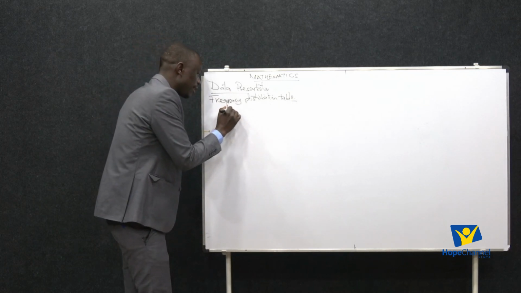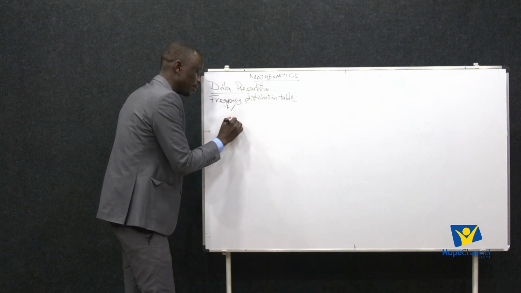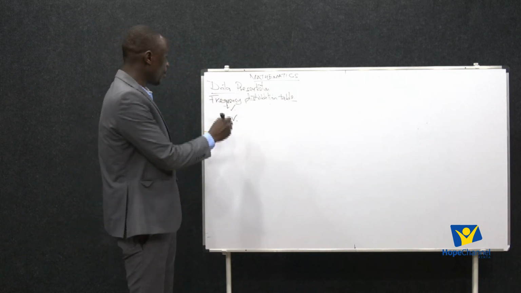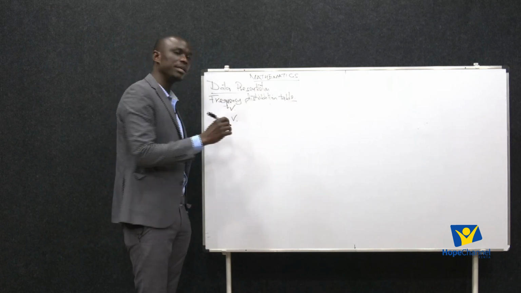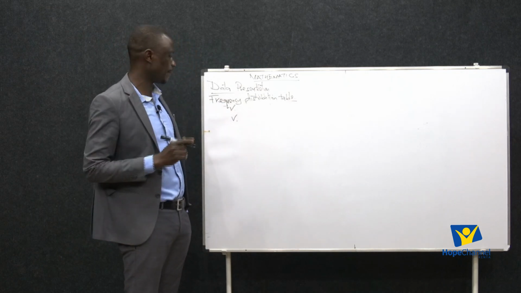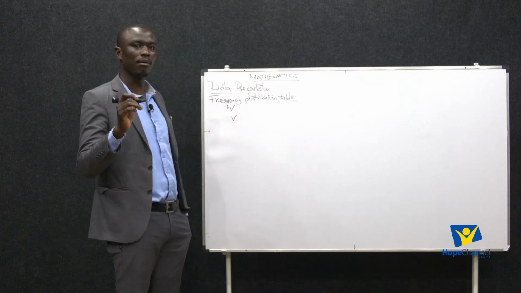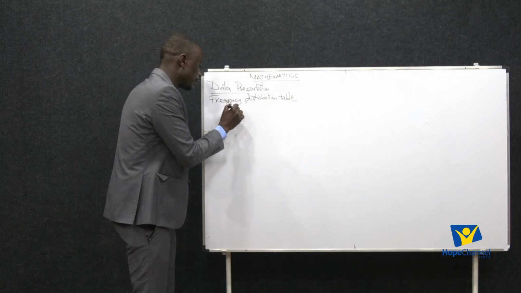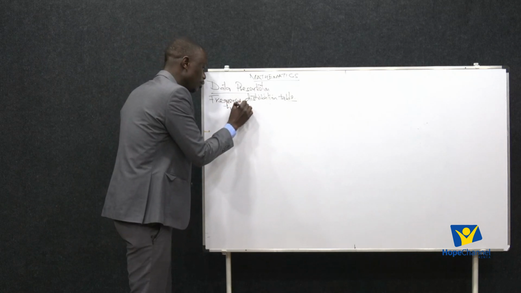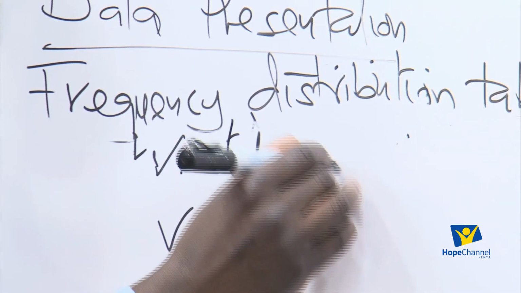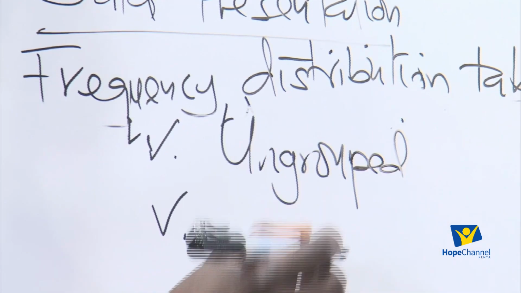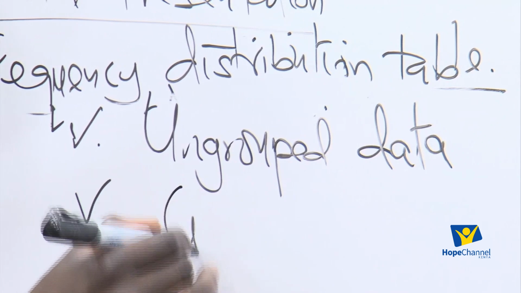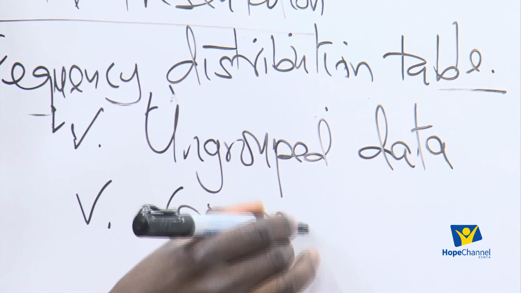In preparing a frequency distribution table, one thing that we need to be categorically clear about is which type of data we are using here. The type of data can be ungrouped, or the data can be grouped.